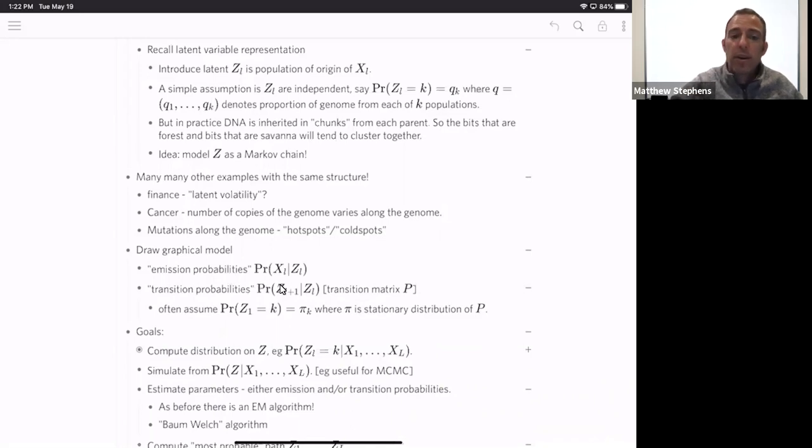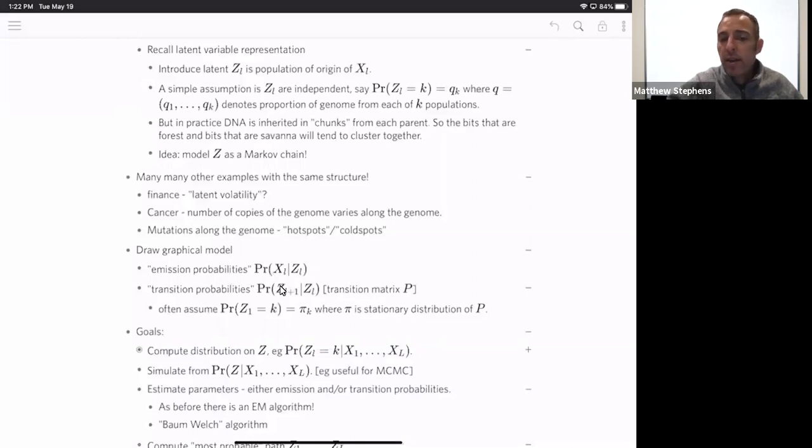In the hybrid example, the emission probability is the probability of getting one or other allele given that you're from forest or savanna. So if we knew the forest and savanna allele frequencies, we would know the emission probabilities.